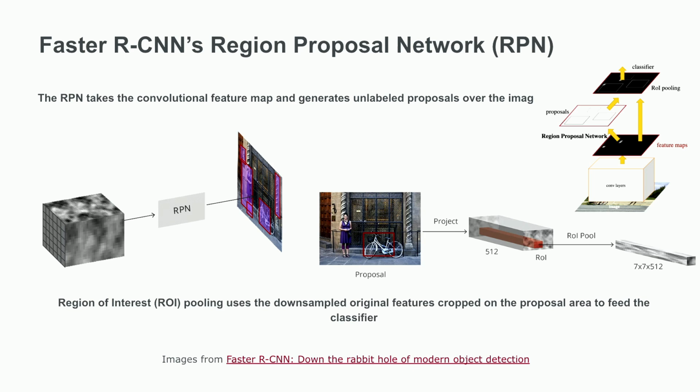This is something that we do with something called region of interest alignment, and we finally put this into the classifier to give us the prediction, saying that this particular bounding box that is very likely to be foreground has a bike, for example.